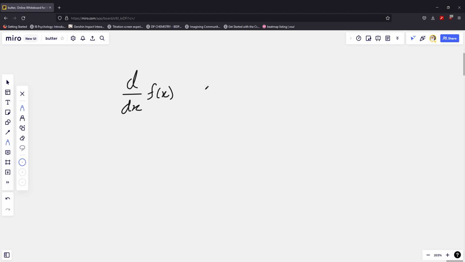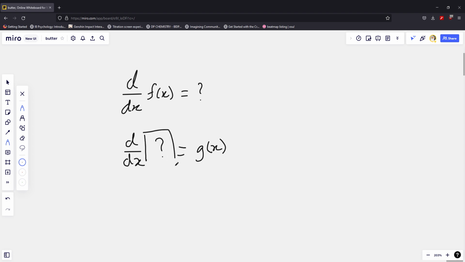But the question arises is what happens when we do differentiation backwards, where instead of saying, okay, I'm given a function f of x, and let me differentiate this into something, right? What if I'm given the result, so we'll call the result g of x, but we don't know what we're differentiating.